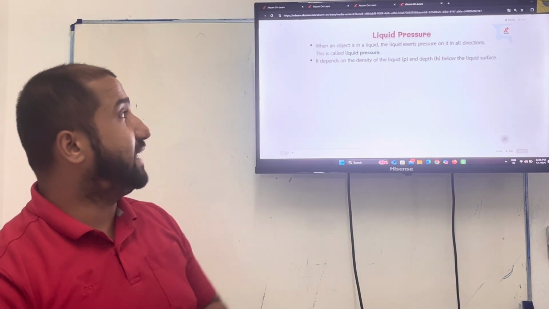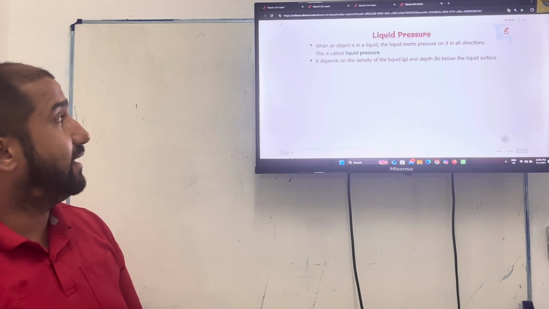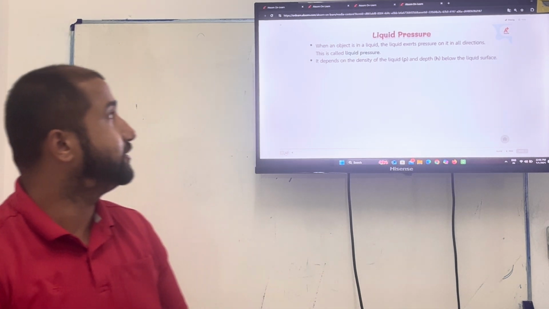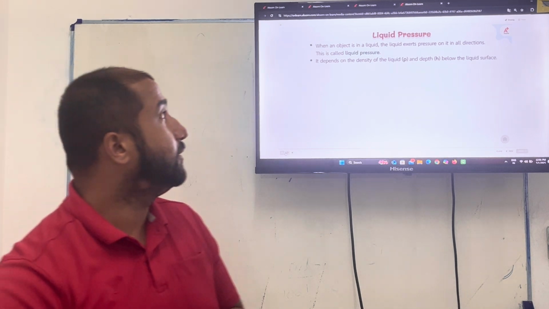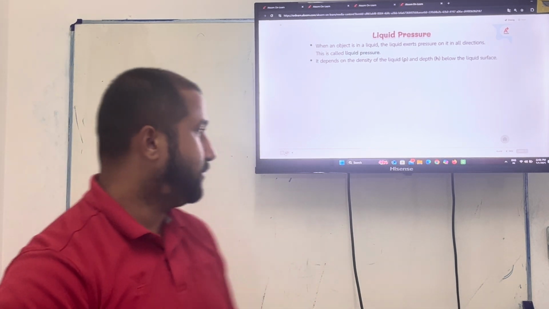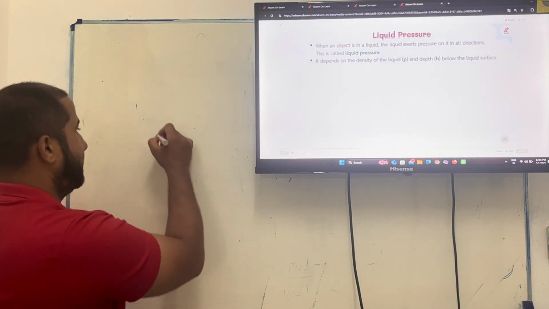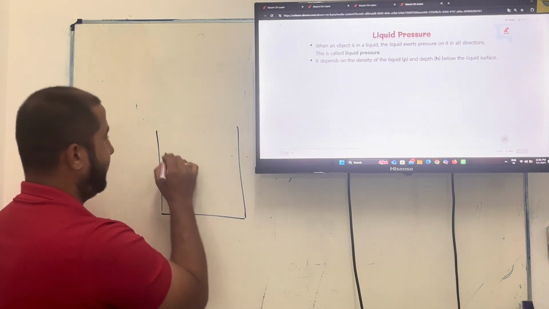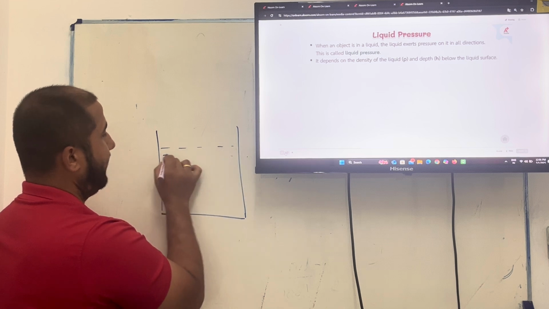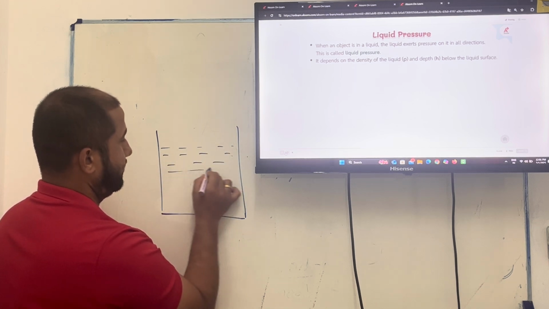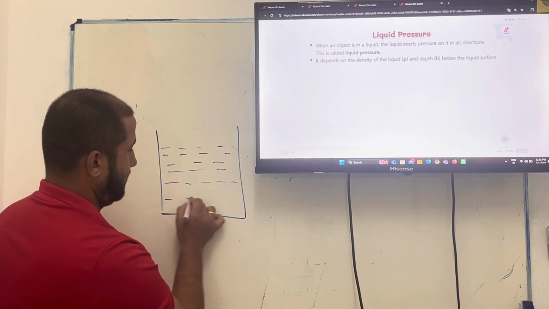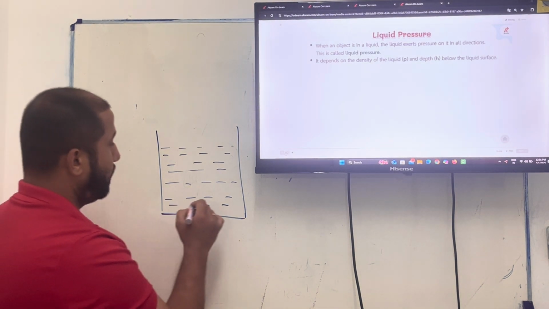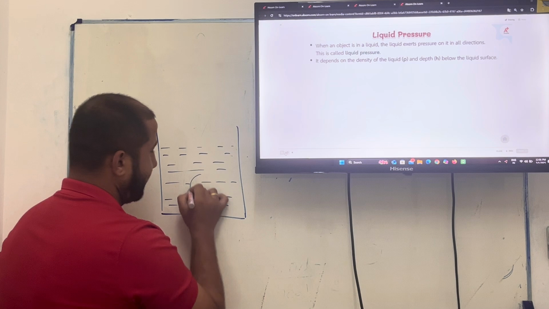When an object is in a liquid, the liquid exerts pressure in all directions, and that is called liquid pressure. For example, let's say we have a big beaker and it is filled with any kind of liquid. Now, we will have an object inside it.